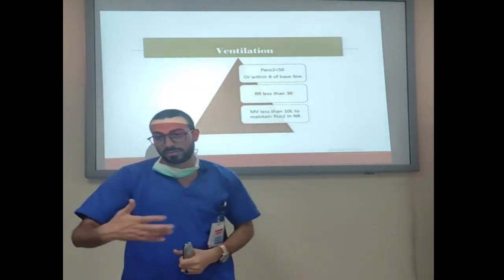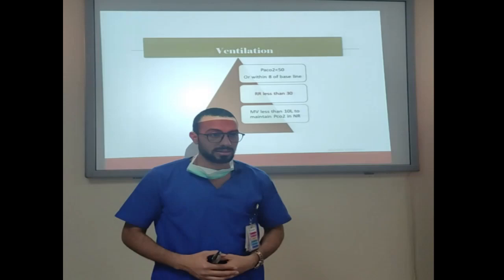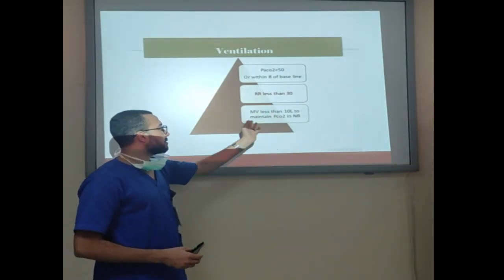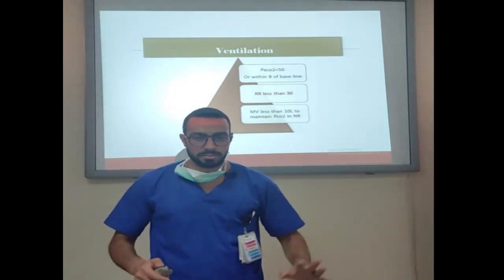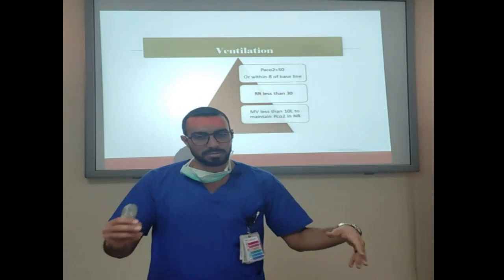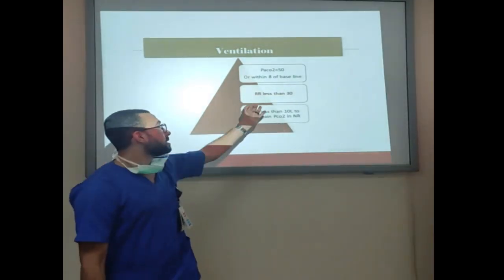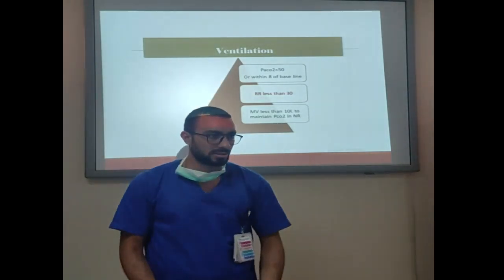It means the patient is not very tachypneic, because if the patient is very tachypneic, this is a bad sign. Mechanical ventilation less than 10 liters to maintain PCO2. So I mean the ventilation with normal minute ventilation, normal CO2, and normal respiratory rate. So these are the ventilation issues.